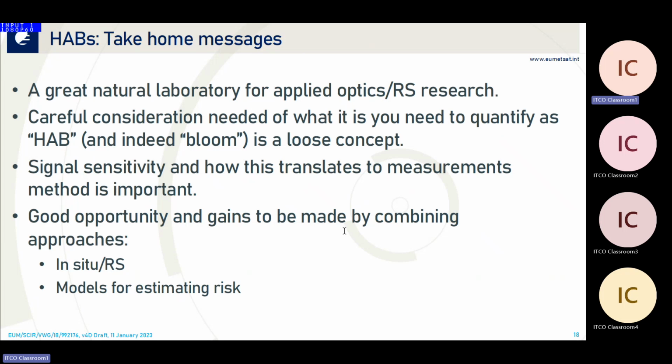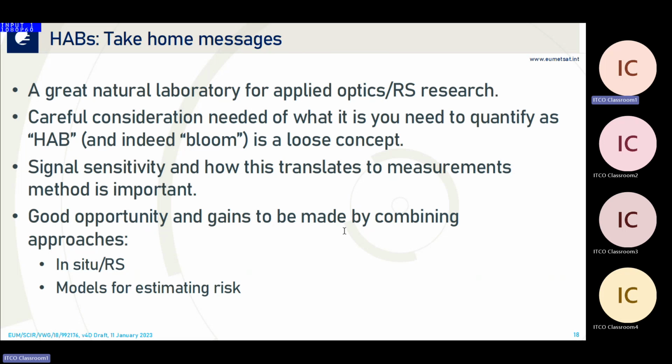To sum up, there is a great natural laboratory for applied optics and remote sensing research in HABs. But we need to understand very well what we consider a HAB, and quantify it, which depends, as I said, on the location and on the characteristics of each place.